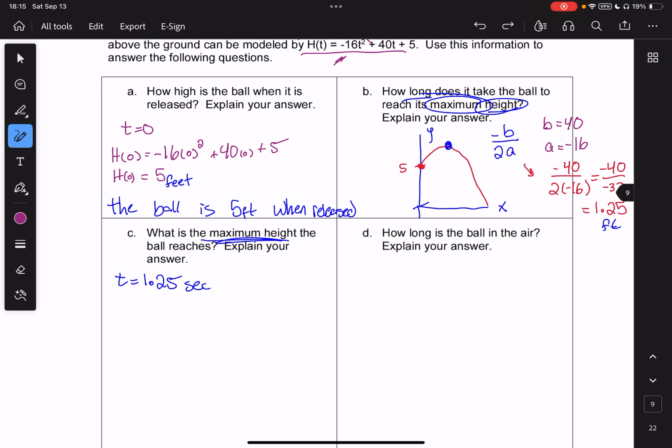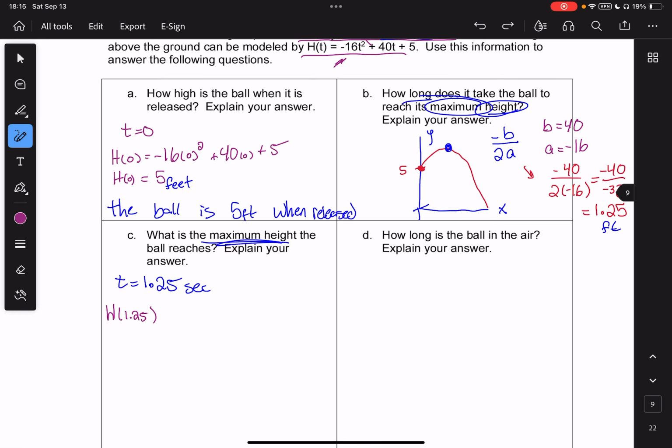So we're going to take our equation, h of t, when our t is 1.25, and then every time we see a t in our original equation, we will plug in 1.25. So we have negative 16, and then that's where t is going to go, plus 40 plus 5. So our t, remember, is 1.25, so negative 16 times 1.25 squared, plus 40 times 1.25, plus 5.